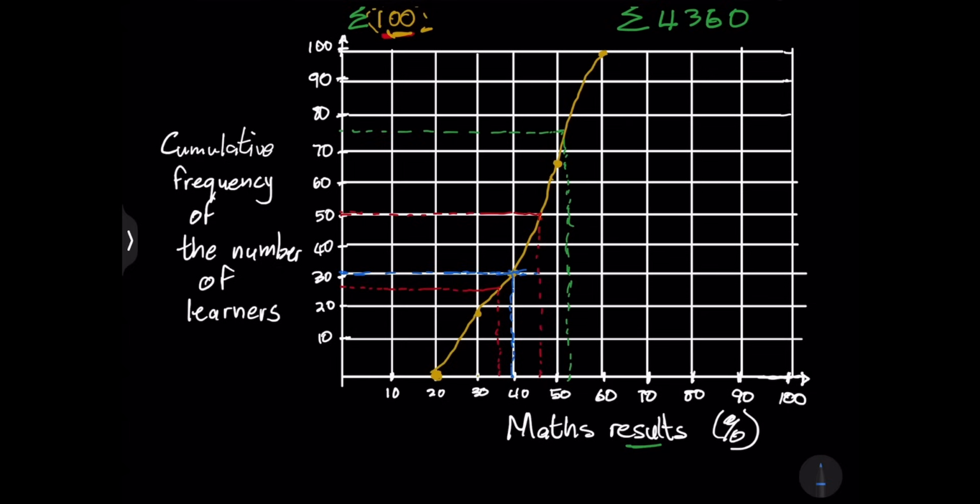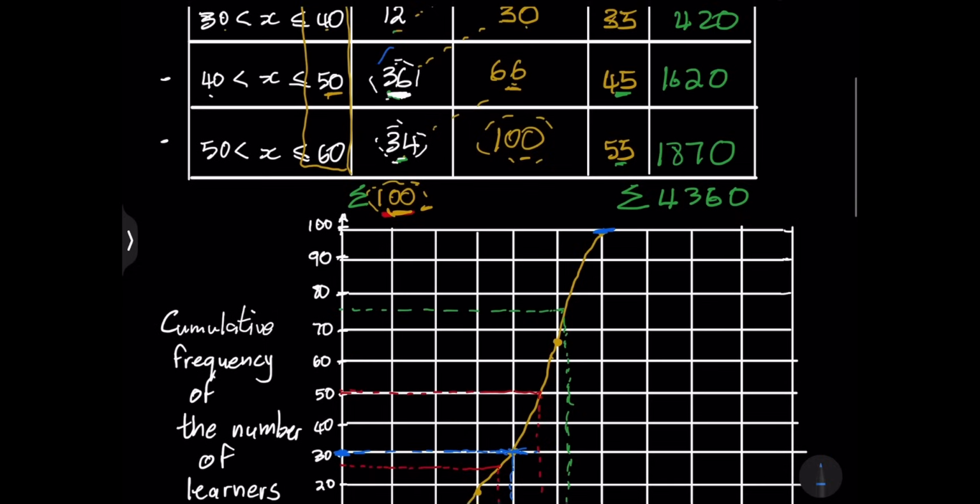Now, I want you to think about it. The number here is 30, and the number there is 100. So anything between 30 and 100 obtained above 40%. Therefore, what's 100 minus 30? That would still be 70, which is the same number that we got when we summed those two.